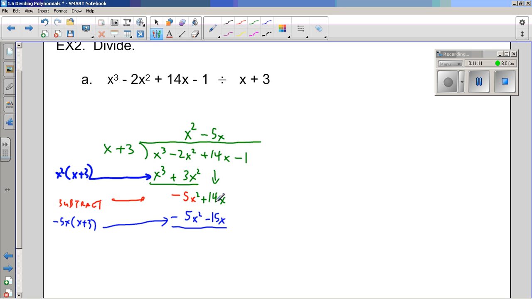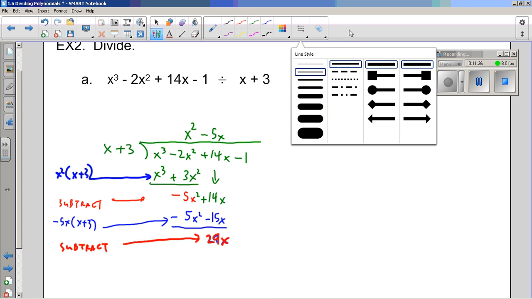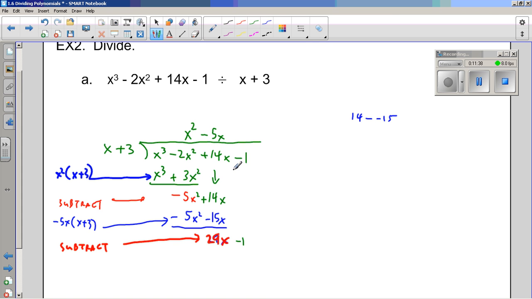And then when I subtract 14x, subtract negative 15x, be careful there, 14 subtract negative 15, that's positive 29x. Bring down the, and that should have been in red. That was a subtract there. And then we're going to bring down the minus 1, and we're almost done here. So what do I multiply by so that when I subtract I can get rid of the 29x?